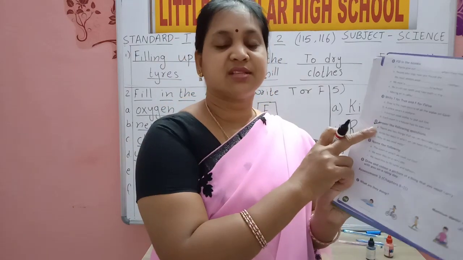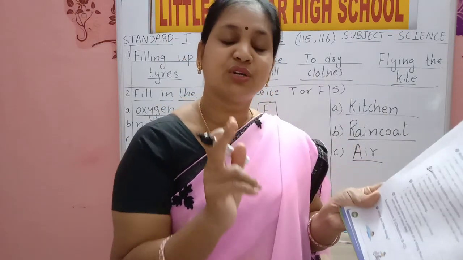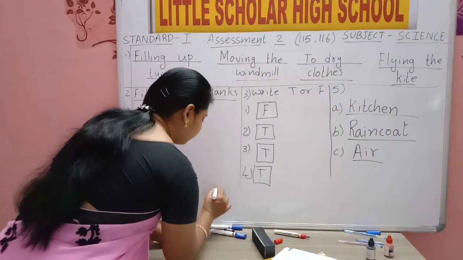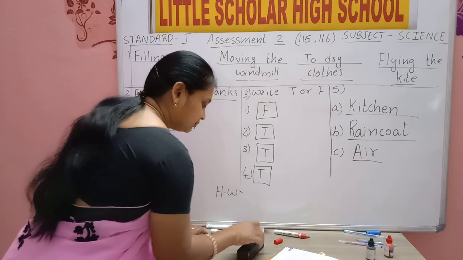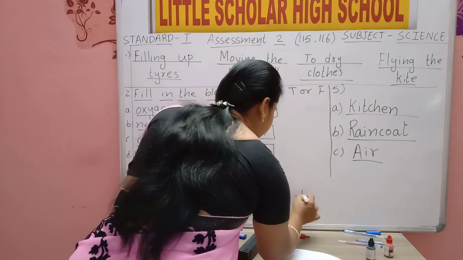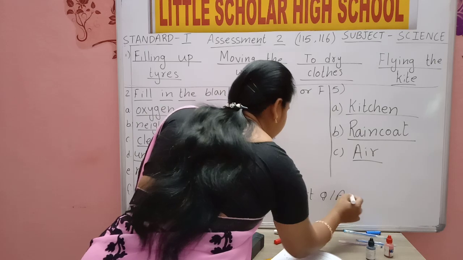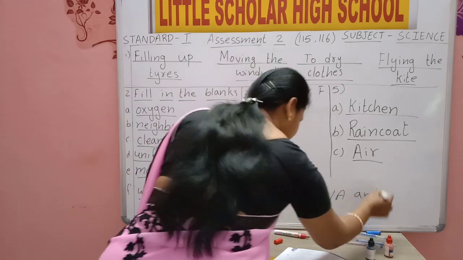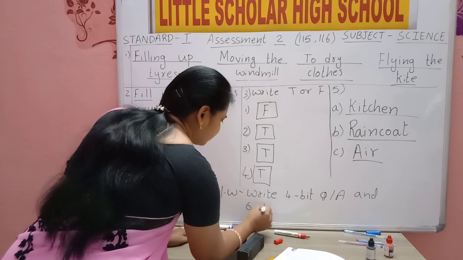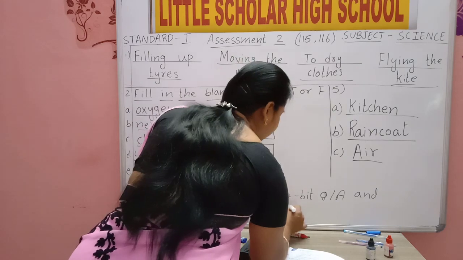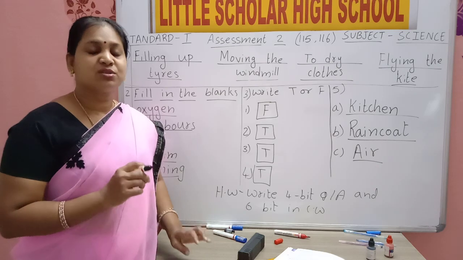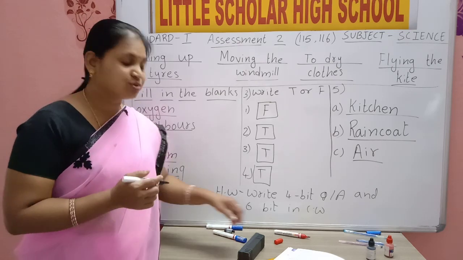So fourth bit question answers you will write in classwork, and sixth bit drawing you will do in classwork. So two homeworks are there for you today. Homework: write fourth bit question and answers and sixth bit in classwork.